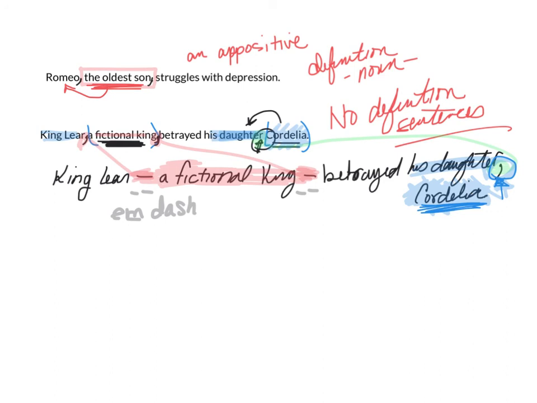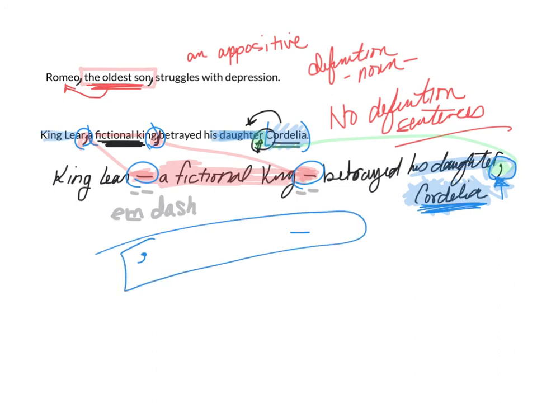But it is entirely optional. What is not optional is you cannot mix and match this punctuation. So you can't have a comma in front and an M dash behind. What mad world does that make any sense in?